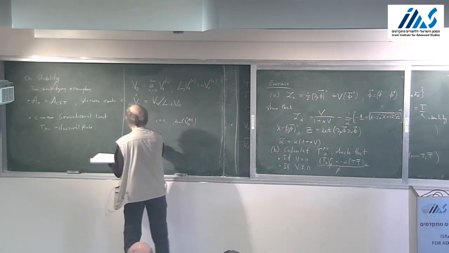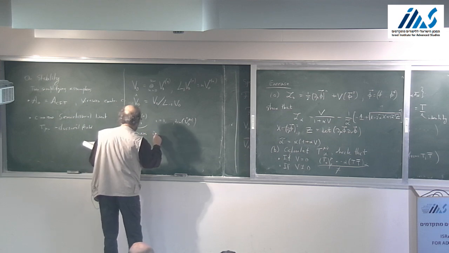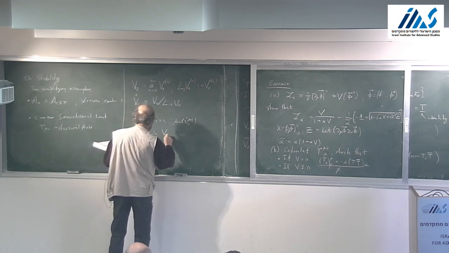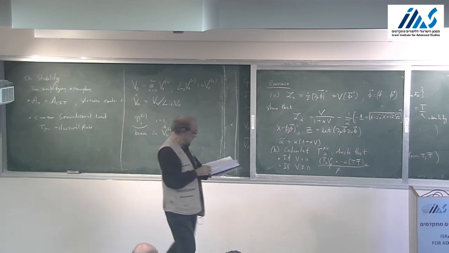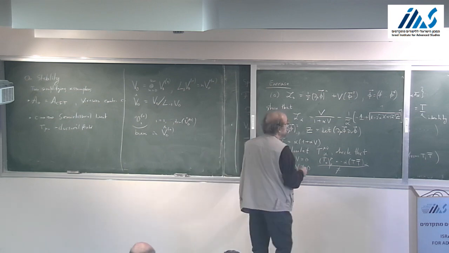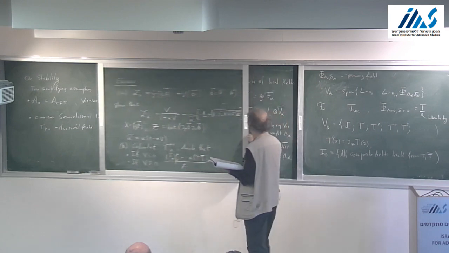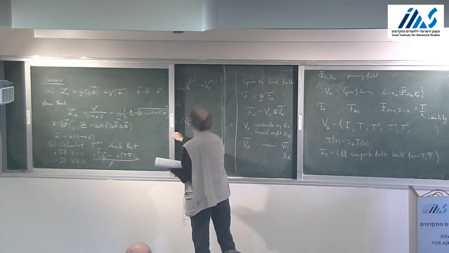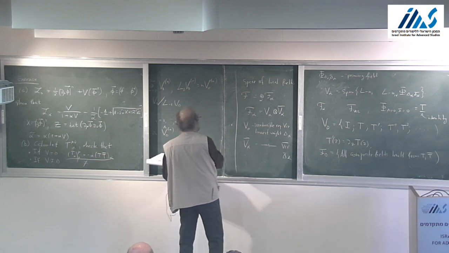So this would be a basis in V naught n hat. All right. Then the full vacuum module is equipped with this, and can be dealt with using this basis.